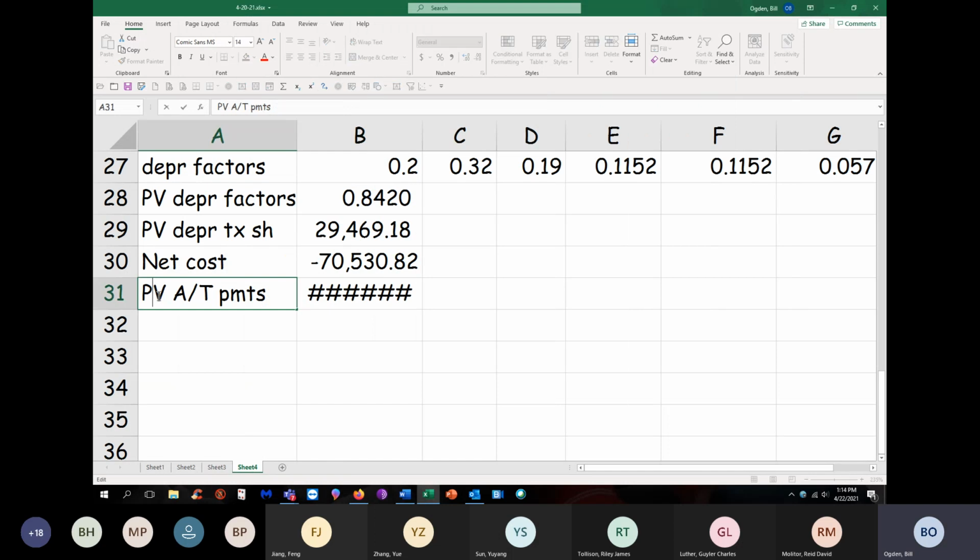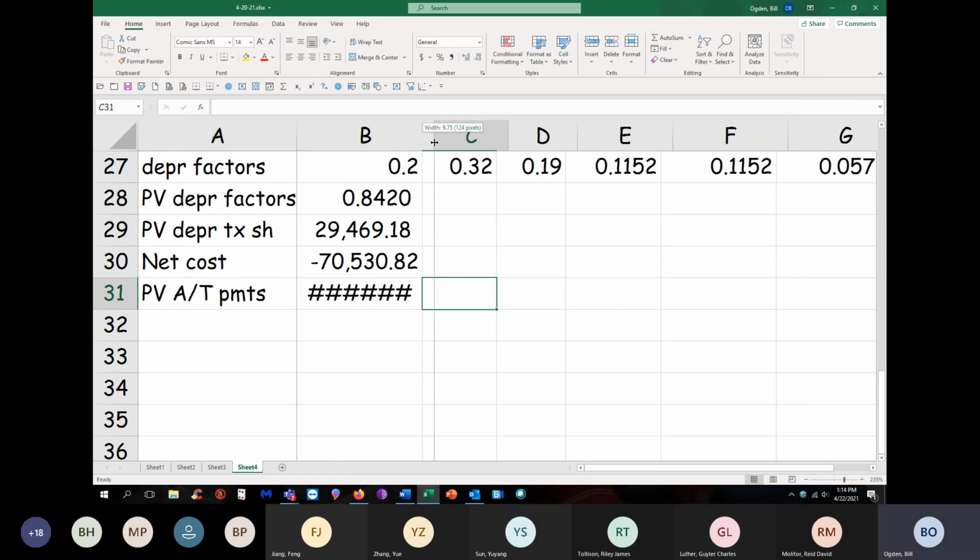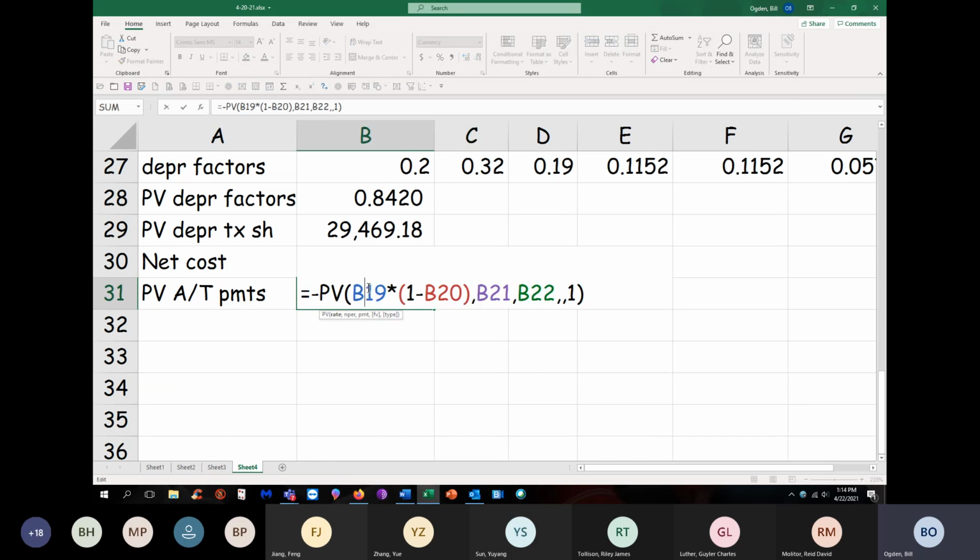What does it say here? After-tax payments. So let's adjust that payment to be after tax. So rate, here's my rate. Here's my number of periods. Here's my payment. And let's go after tax on this.